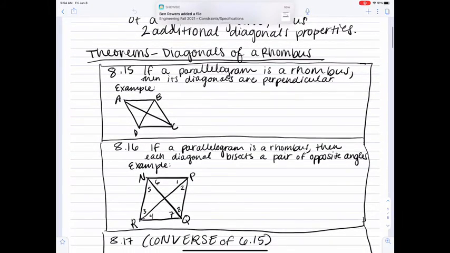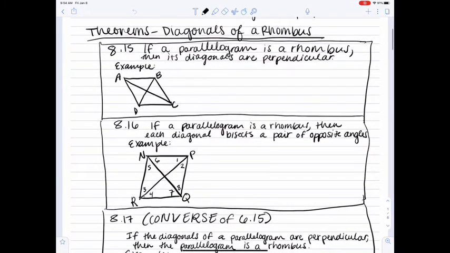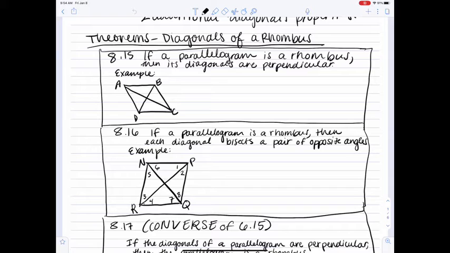So the diagonals of a rhombus, there's two things we need to know. Theorem 8.15 says if a parallelogram is a rhombus, then its diagonals are perpendicular.